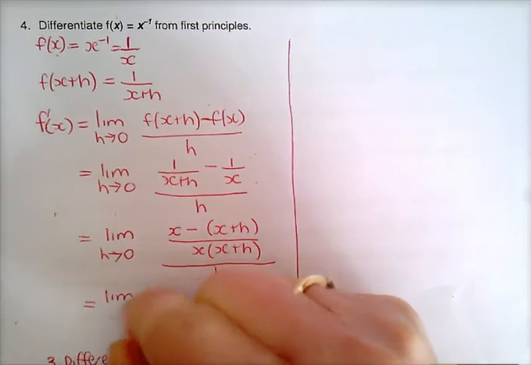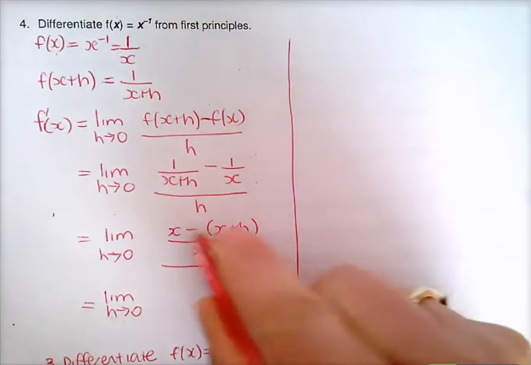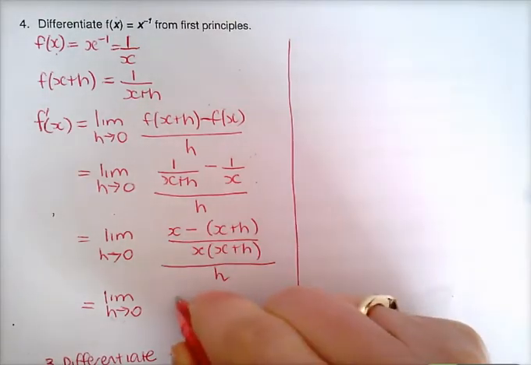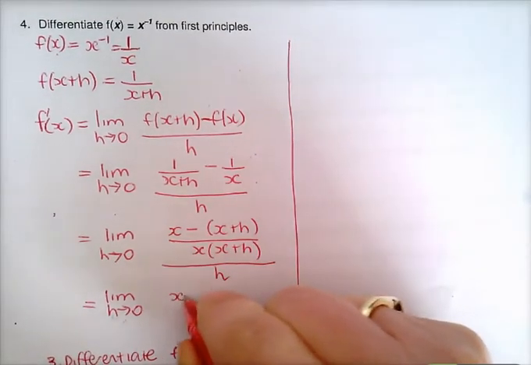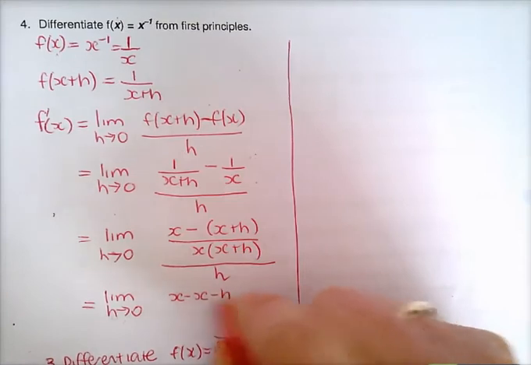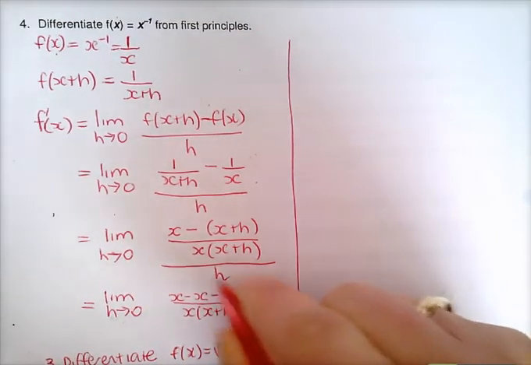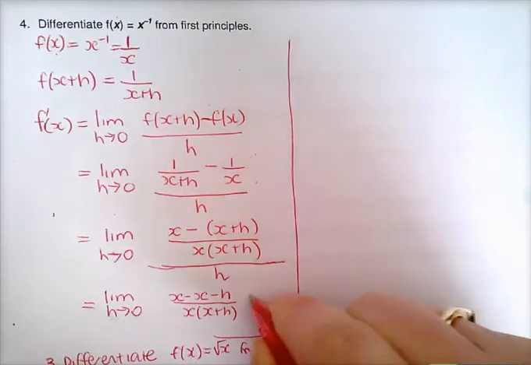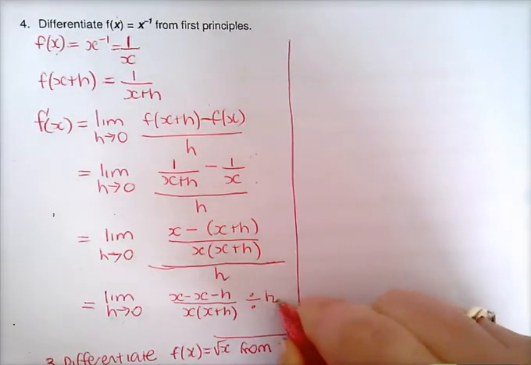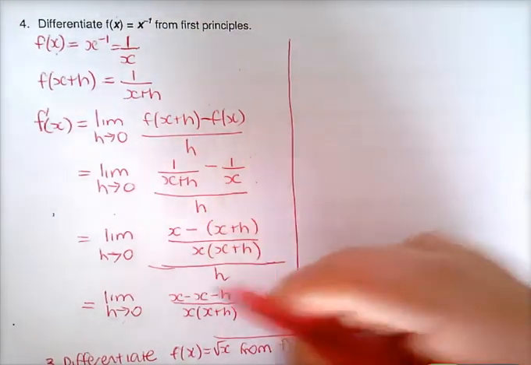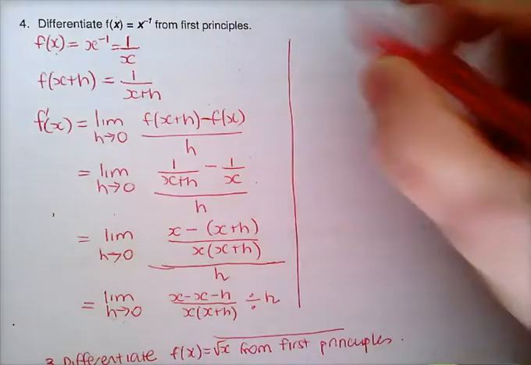So it's the limit as h approaches 0 of x minus h if we expand that. So we get x minus h over x(x + h). Now I'm going to put this over h over here, so I'm going divided by h. Okay? So instead of going fraction over fraction, I'm doing this fraction divided by h.